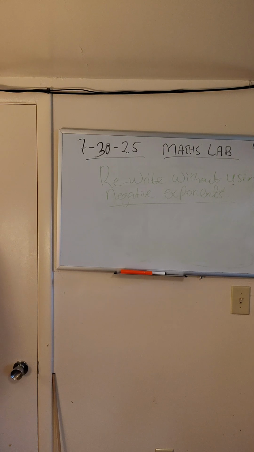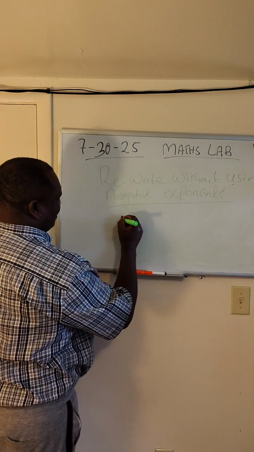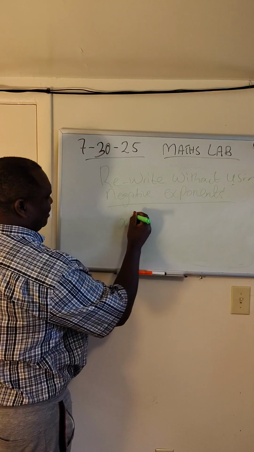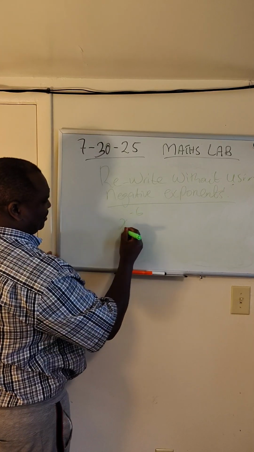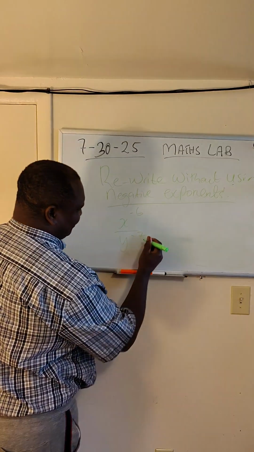So now we've been given x raised to the power of negative 6 over y raised to the power of negative 7.